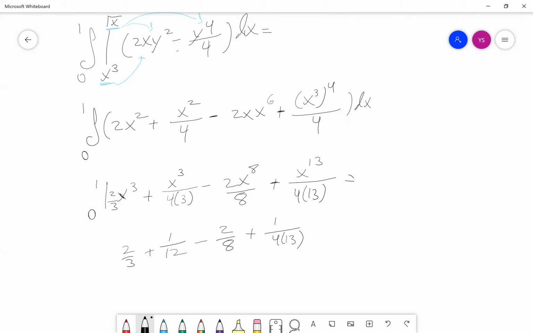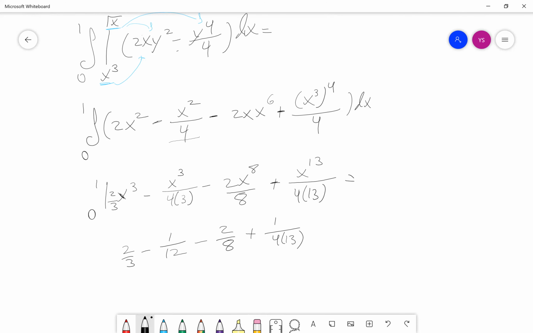X squared, yeah, here. Right. Any other questions?